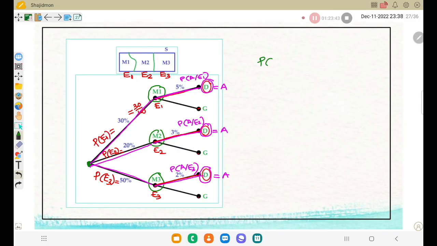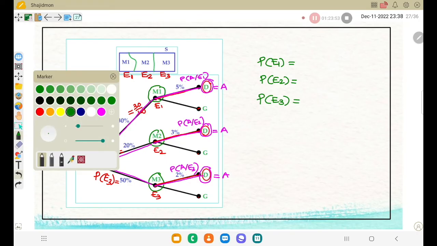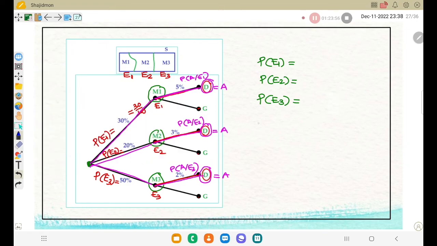First we need to calculate what is probability of E1, probability of E2, probability of E3, correct? Then we need to write what is probability of A given E1, probability of A given E2, and probability of A given E3, correct? These three.